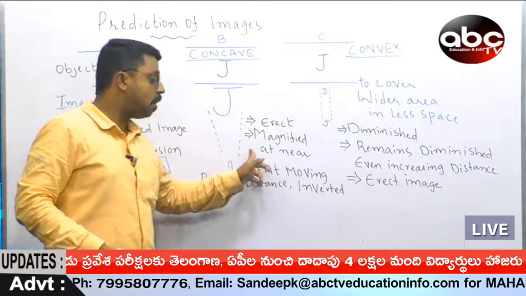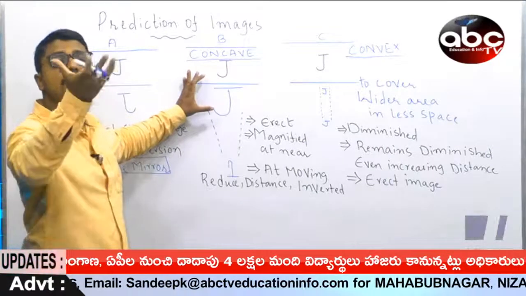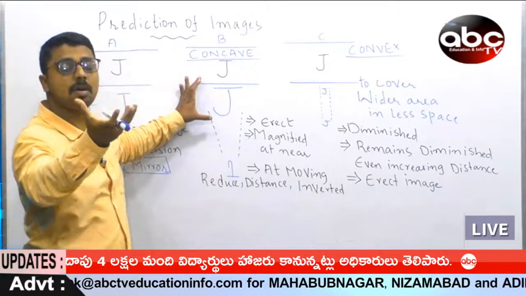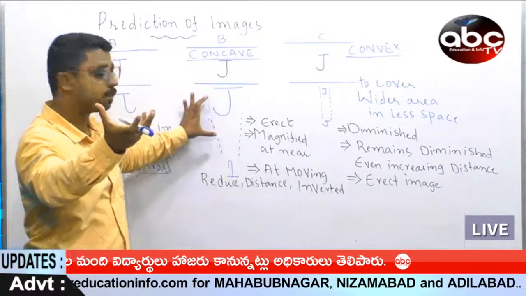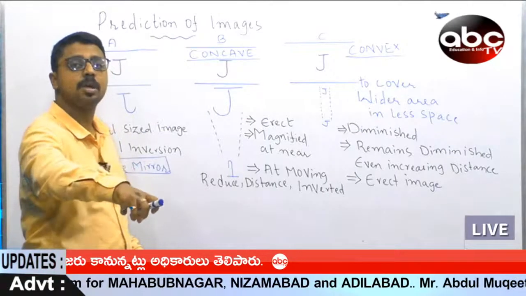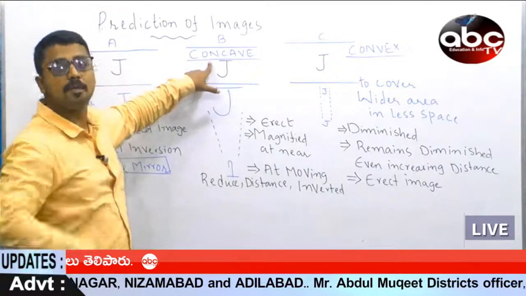Whereas అదే ఒకవేళ మిర్రర్కి దగ్గరగా పెట్టినప్పుడు పెద్దగా ఎన్లార్జ్డ్, మ్యాగ్నిఫైడ్గా కనిపించి ఎరెక్ట్ పొజిషన్లో ఉండి, డిస్టెన్స్ పెంచుతున్న కొద్దీ మిర్రర్ నుంచి ఇట్ ఈస్ బికమింగ్ ఇన్వర్టెడ్ అండ్ సైజ్ ఇస్ గోయింగ్ టు బి రెడ్యూస్డ్ అయితే ఇట్ ఈస్ నథింగ్ బట్ కాన్కేవ్ టైప్ ఆఫ్ మిర్రర్.